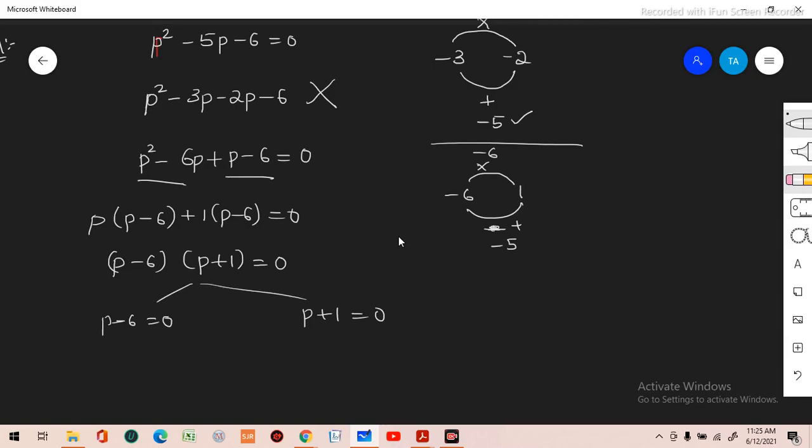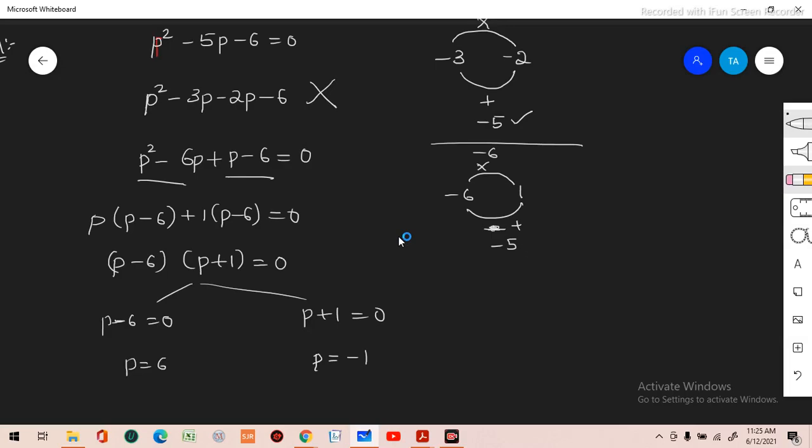This can be split, right? p minus 6 is equal to 0 and p plus 1 is equal to 0. This implies p is equal to 6. How about this, p is equal to minus 1.